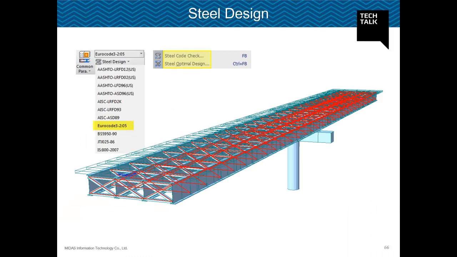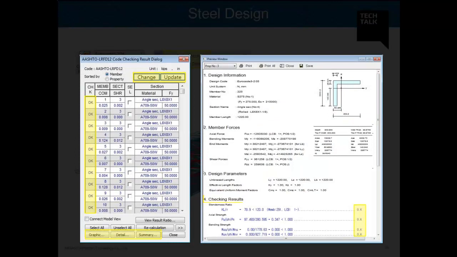When it comes to steel design, we would require it in our steel composite bridge for the bracings. So you can use Eurocode 3, and you can see over here this is how the output will be provided in the form of a table as well as in the form of an image. It gives you the checks if it's okay or not good.